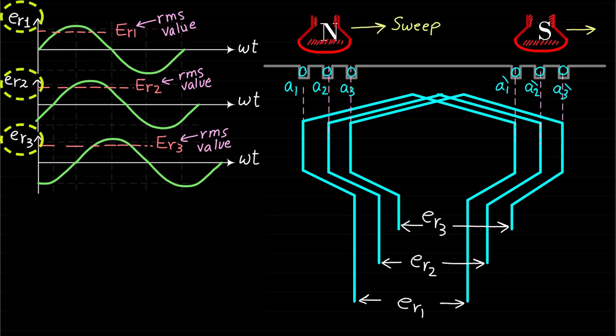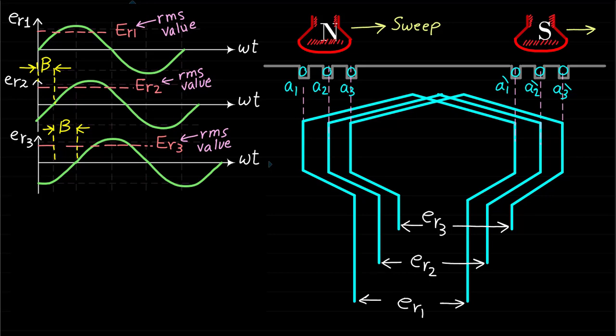The sinusoidal induced voltages are not aligned because the distributed armature coils A1, A1', A2, A2', and A3, A3' are shifted from each other. As we can see, the voltage ER2 lags by beta the voltage ER1, and the voltage ER3 lags by beta the voltage ER2.